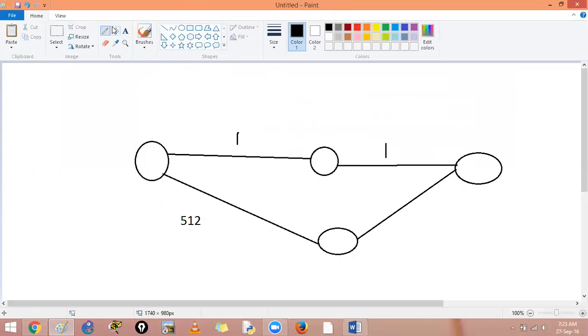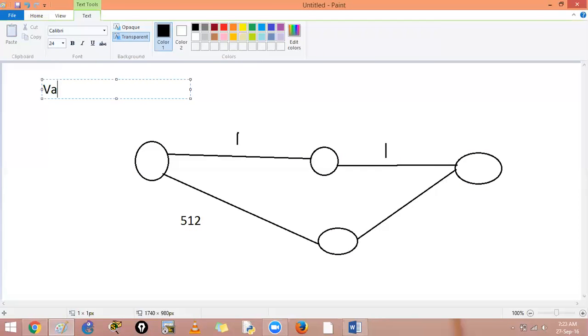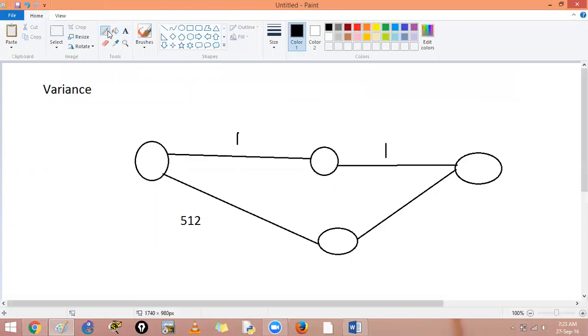That is done by using something called a variance multiplier. By default it will use the equal cost path only, but if you want this backup path to be considered, you tell the router, if you see a path that is half, then multiply by 2.